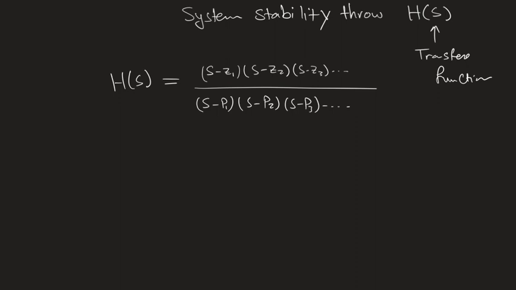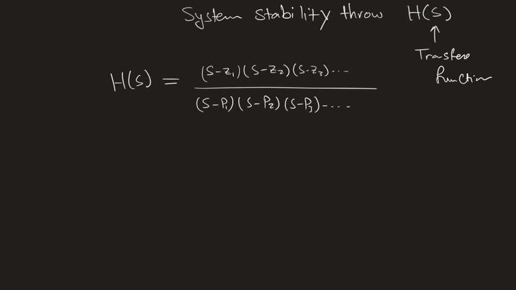There are certain values of S that cause this whole expression to go to 0, when S is equal to z1, or z2, or z3. And there are other values of S that cause this expression to blow up, to go to infinity. If S is equal to p1, then you have a 0 at the denominator, which means the whole transfer function blows up.